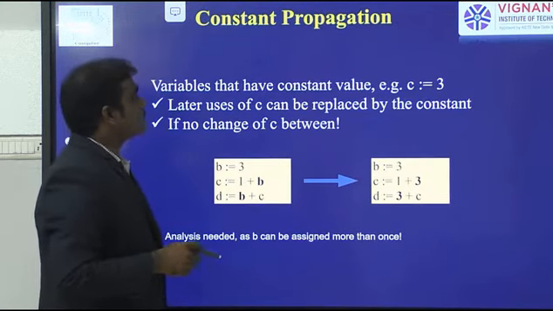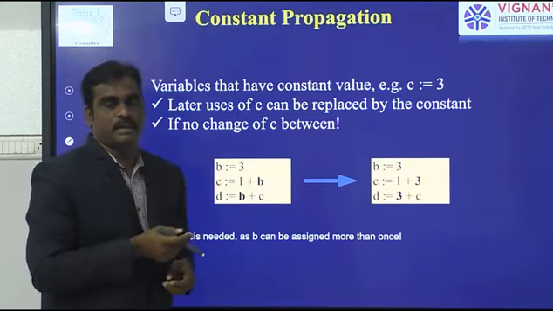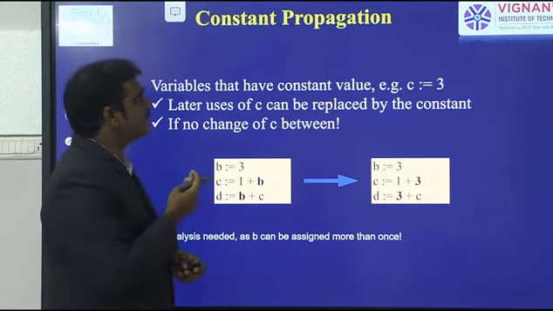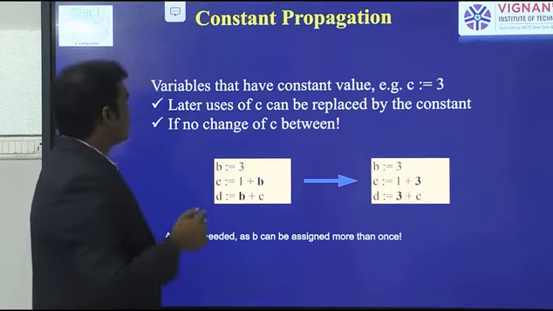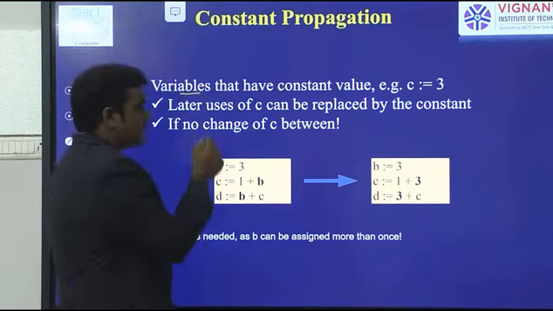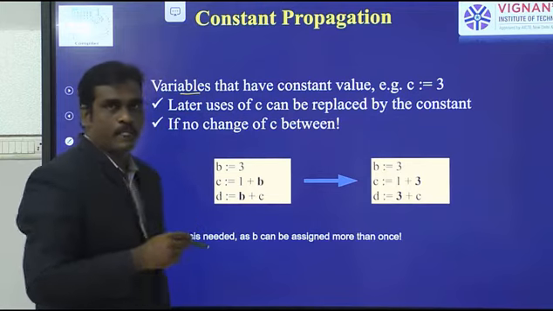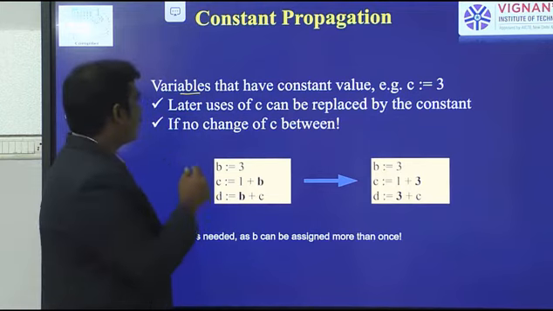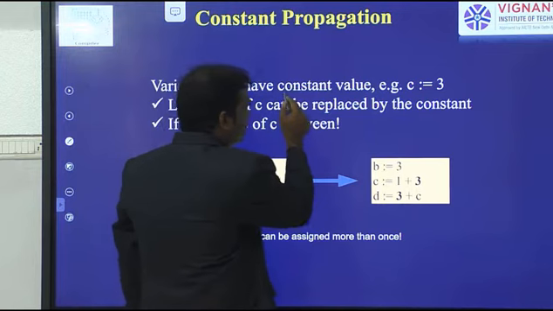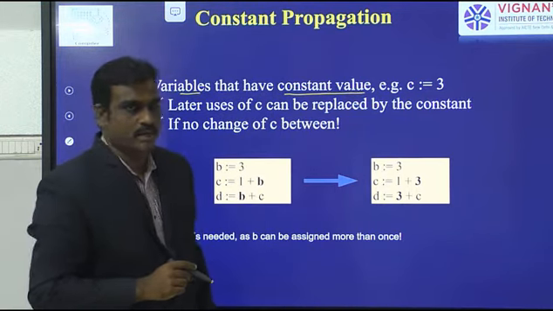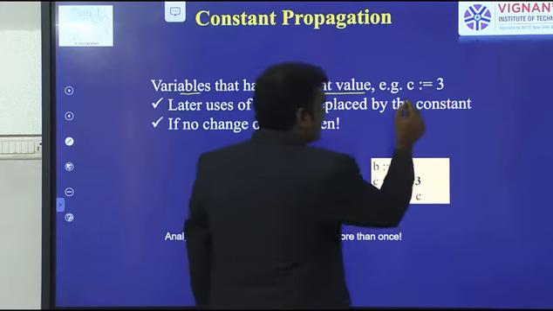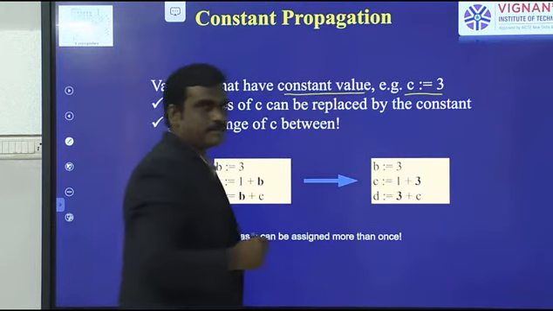The next one is constant propagation. The previous one was constant folding, and this one is constant propagation. The previous one was only constants. Now this is variables that have constant values. For example, take C equal to 3.